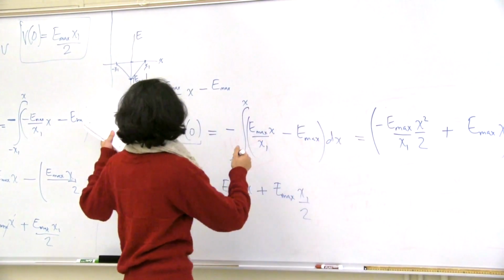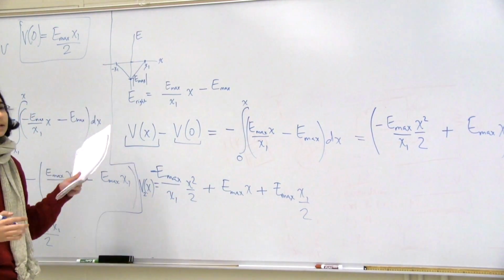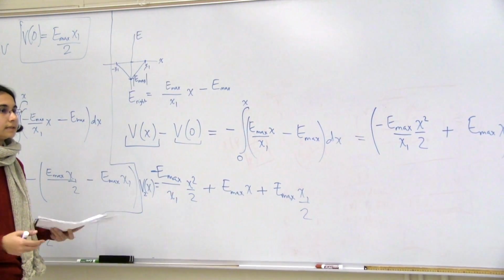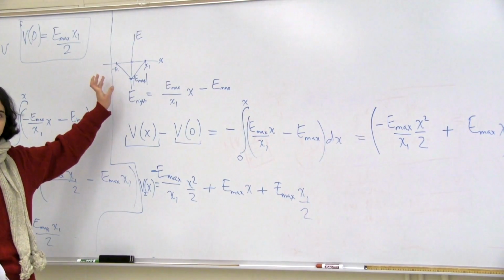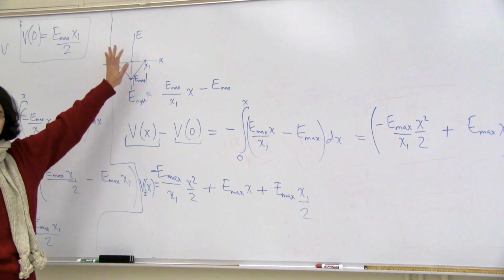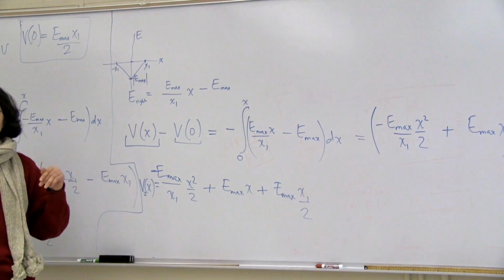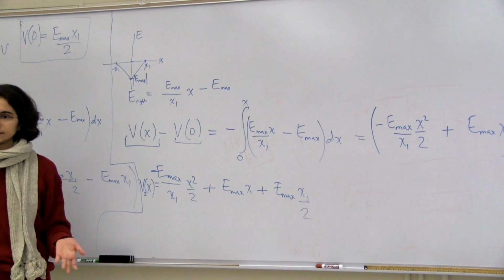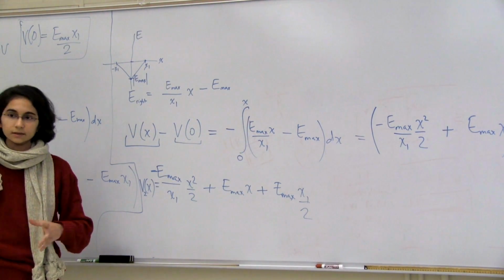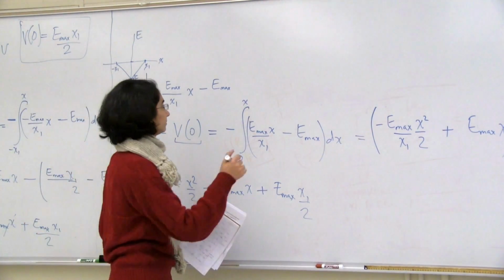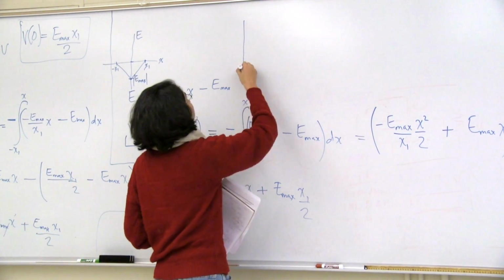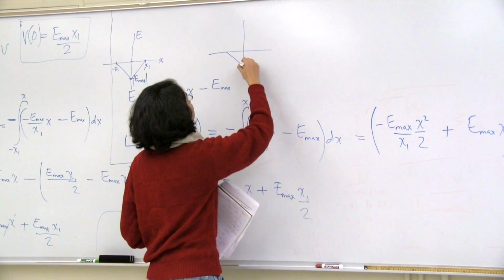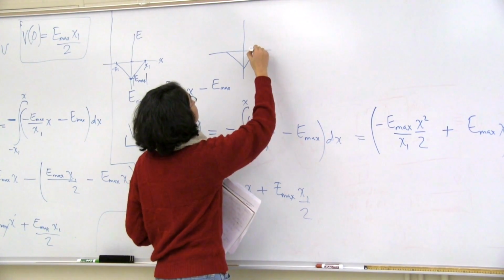What is most helpful usually is that you draw a roughish graph of V versus x looking at E versus x, and then when you get these expressions you can check whether your graph matches or doesn't match, and then you change it accordingly. So I have this E versus x.